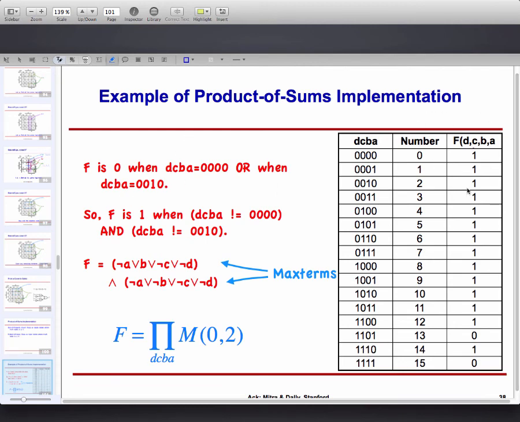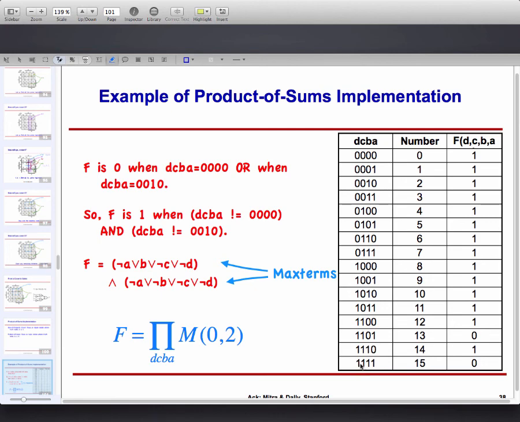I have a truth table like this, and we have these two entries which are 0, and my function is now going to look like the maxterm corresponding to these two rows. If you recall, the lowest one is maxterm number 0, and this one is maxterm number 2. We count from the bottom. So our function in this form looks like the AND of these two, maxterm number 0 and maxterm number 2.